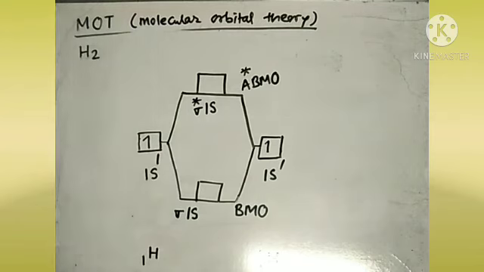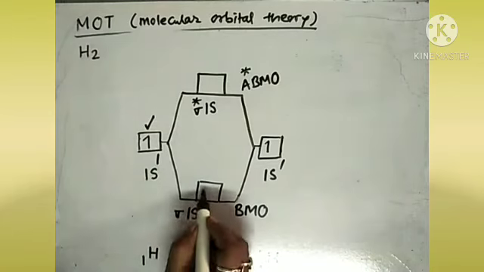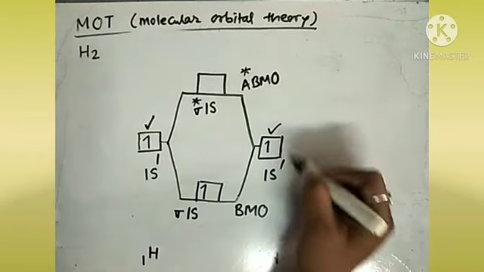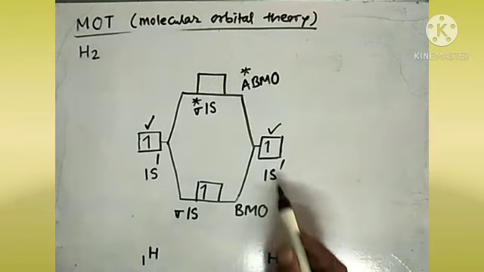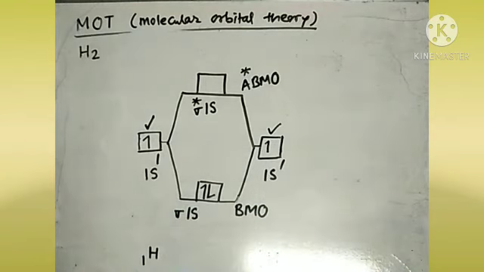Here we have the first electron, so you have to introduce this electron in this lower energy level. Then the next electron, which is at the right hand side, is also filled in this sigma 1s orbital. So overall this is the MOT diagram of hydrogen.